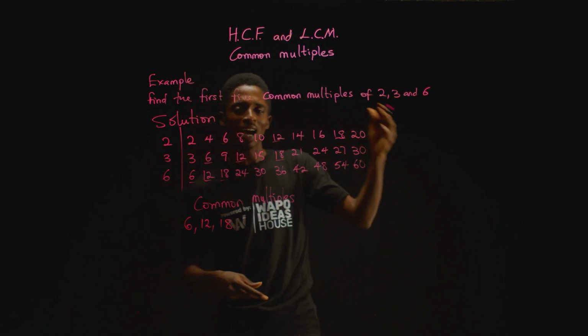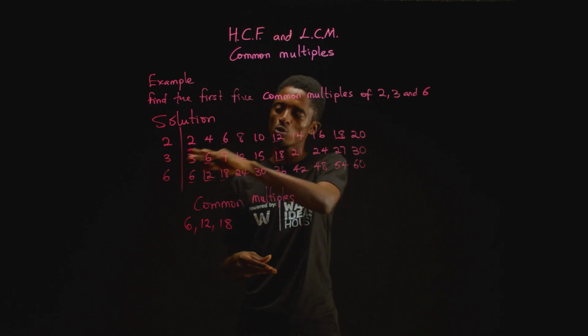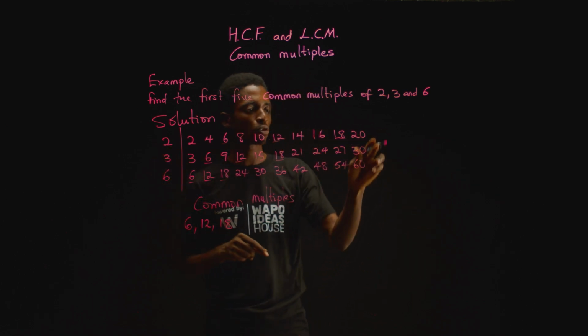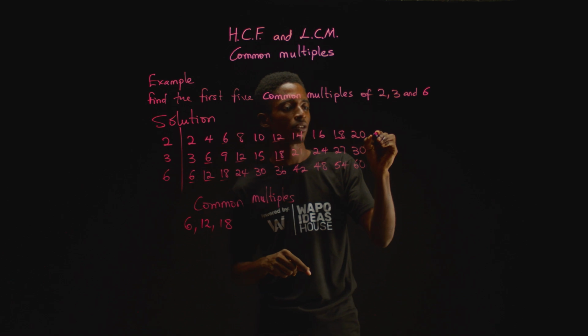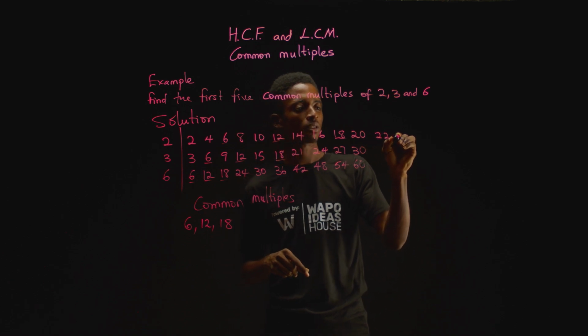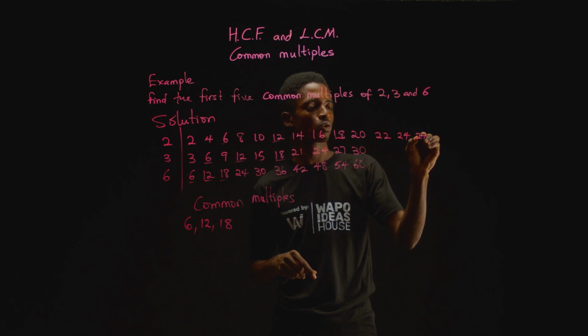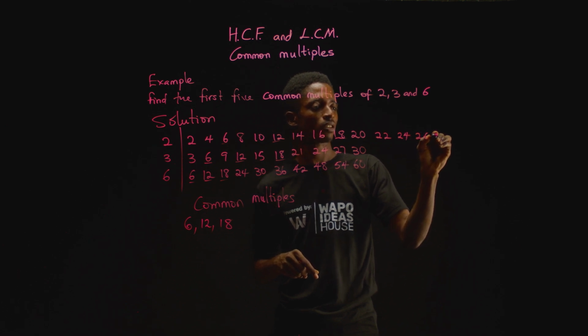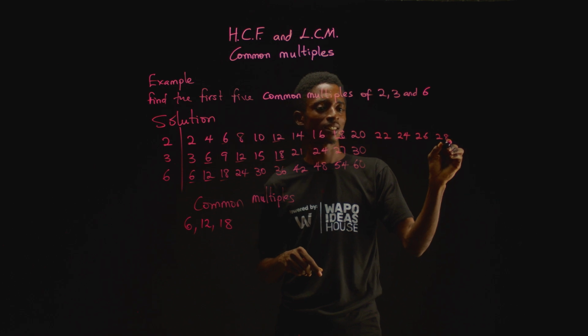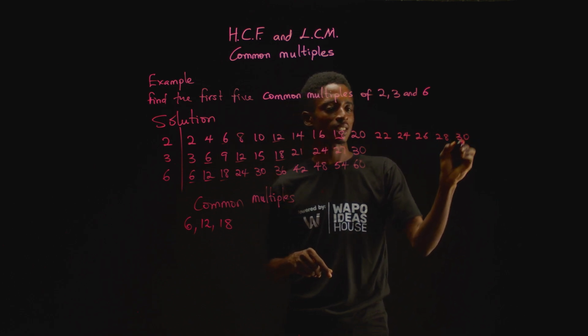So now let's add 5 more multiples to this set. That is 5 more multiples to 2. And then we'll have 22, 24, 26, 28, and 30.